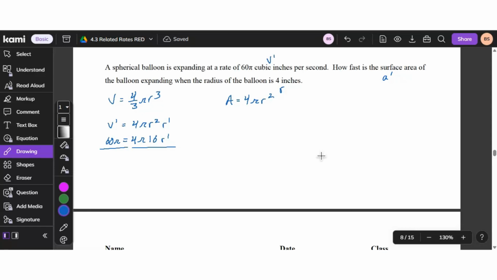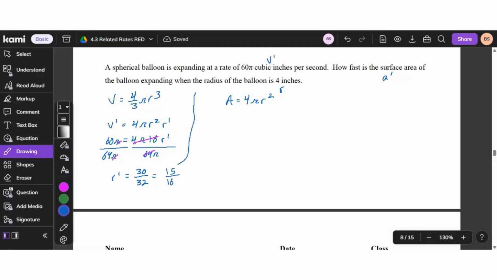If we look here, 4 times 16 is going to give us 64. So we're going to divide by 64 pi on both sides. And we can see here that a bunch of that cancels, right? Our pi cancels. And so our r prime is going to be 60 over 64. Let's start reducing that. So 30 over 32, which would be the same as 15 over 16. All right, so our r prime is 15 over 16.